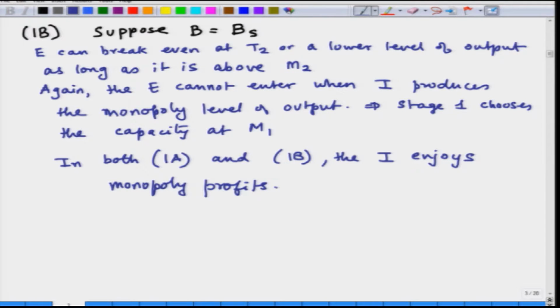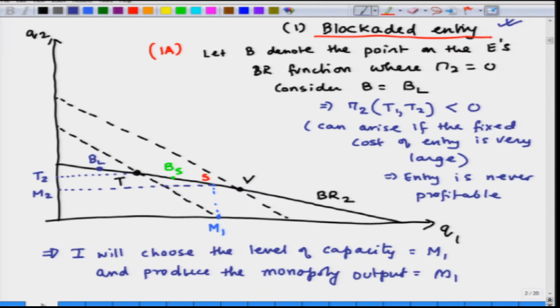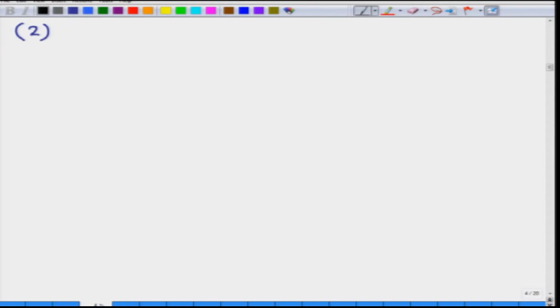Okay. Now, let us look at case 2 where the B is at a level which is to the right of V. So, let us consider a point B which is, let us say, BH, somewhere here. Let us actually graph this again so as to see it clearly. So, now consider a case.